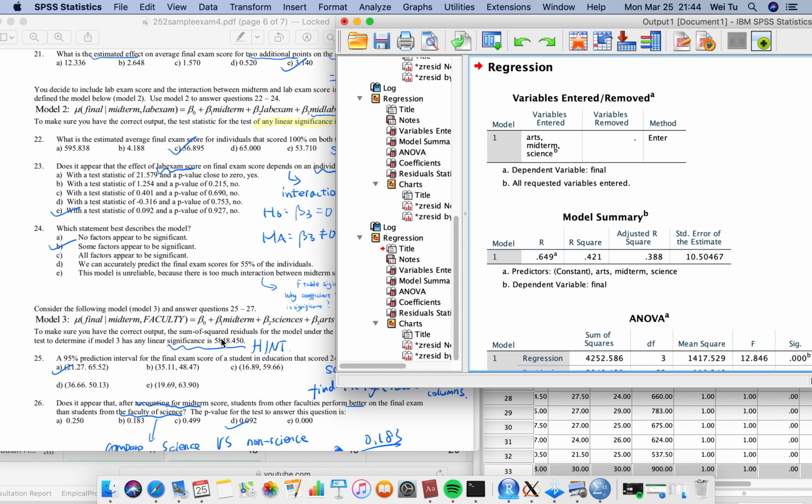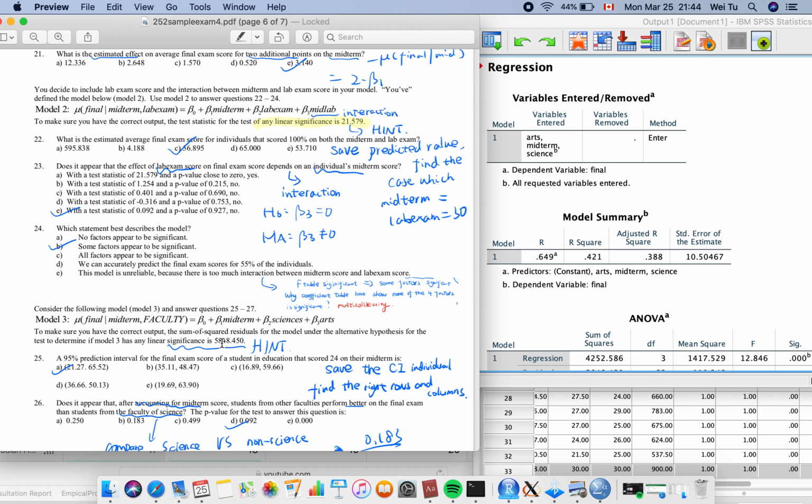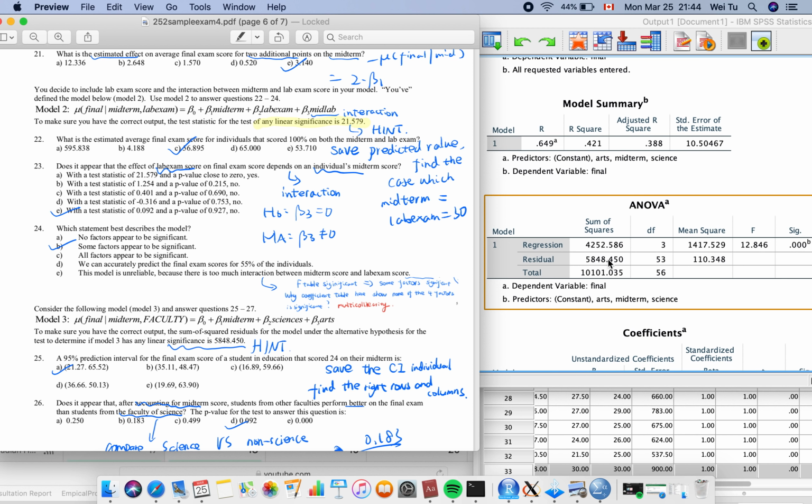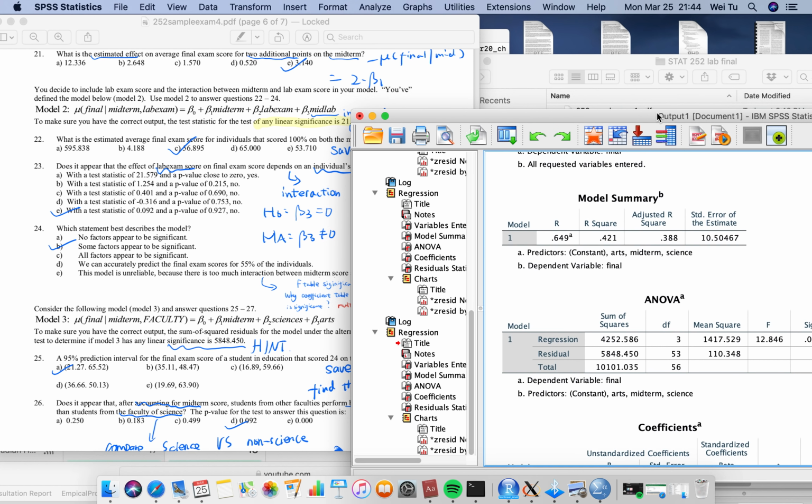Again, first you want to verify the hint. The hint gives you the SSR is 5848. So 5848, that's correct. Good. Question 25 asks for the prediction interval for someone who scored 24 on midterm. So let's take a look at the data.